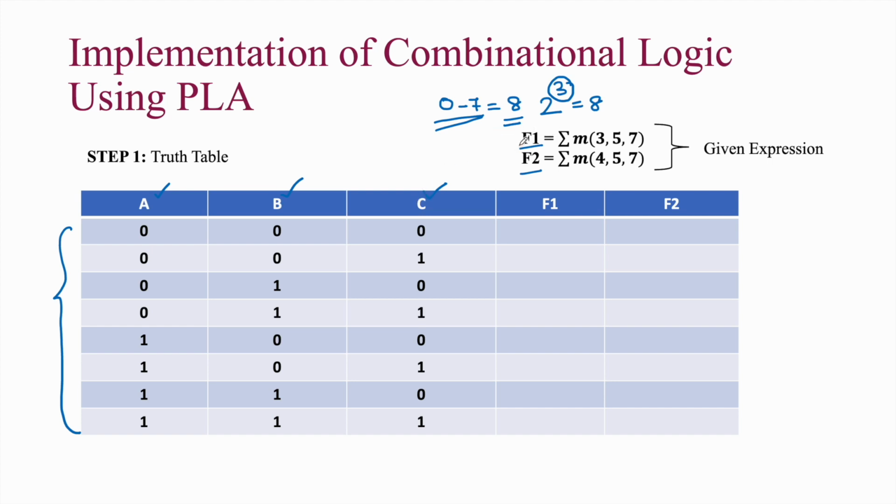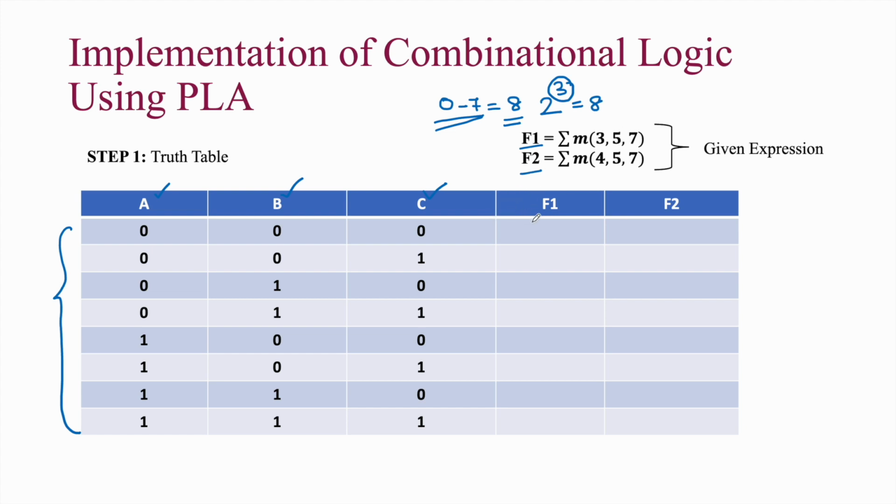So, let us do it for the function f1. What are the minterms given? 3, 5 and 7. It shows that the function is available for f1 at 3, 5 and 7. So, in the rest of the minterms, we have to mark 0 and mark 1 only at 3, 5 and 7.